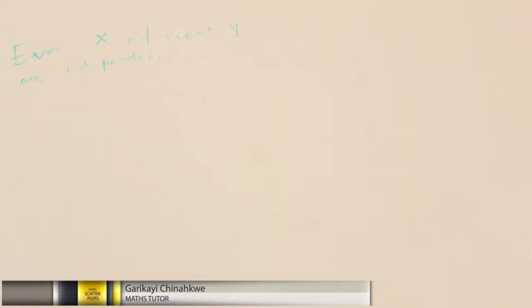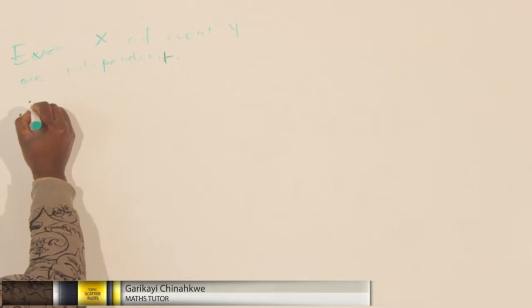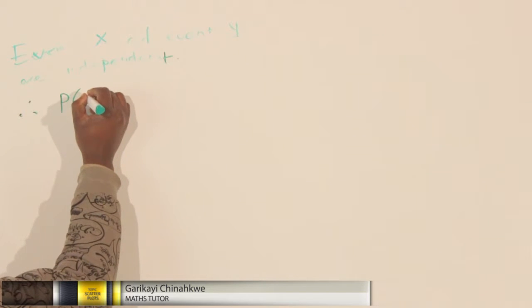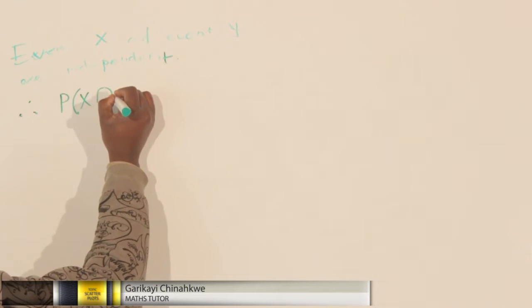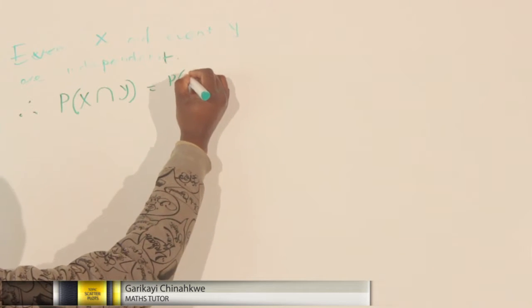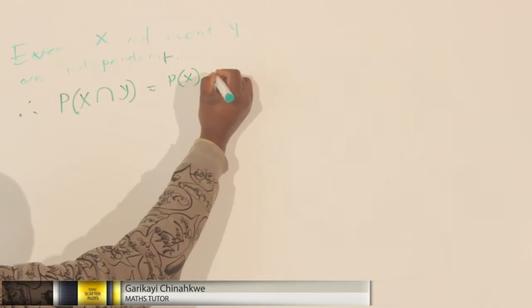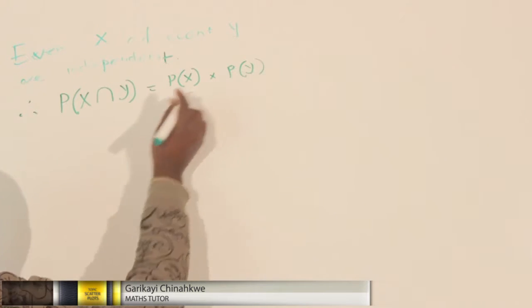let me use another marker. If they are independent, therefore, the probability of event X intersection event Y is given by probability of event X multiplied by probability of event Y. This is for independence.